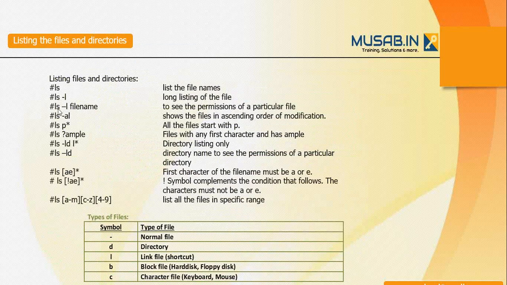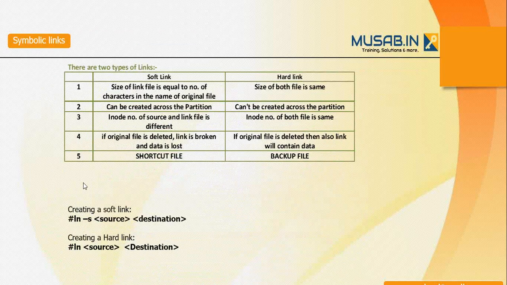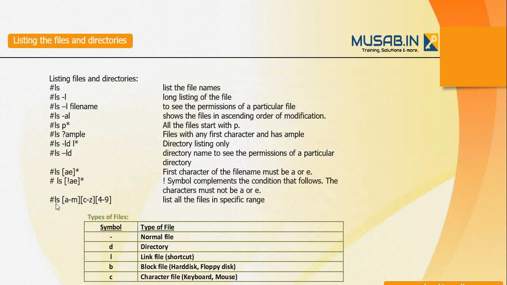To see a particular file, ls minus l and the file name. To see a particular directory, ls minus ld and the directory. There are some other examples also which you can use, like ls minus al to show the files with hidden attributes. Any file which is hidden, it can show you guys. You can use these ranges and all, try out.